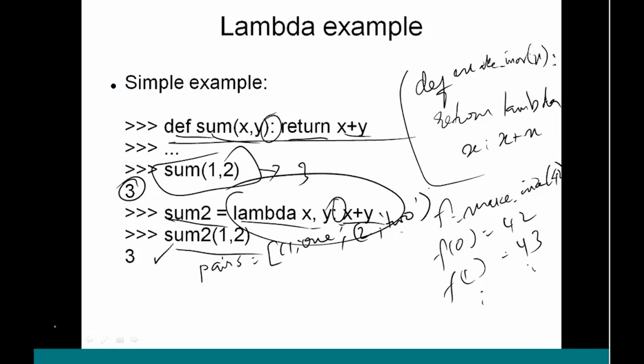Then we sort the pairs with pairs.sort, and we define key equals, and here we can specify a lambda function, lambda pair, and the pair is actually pair[1].